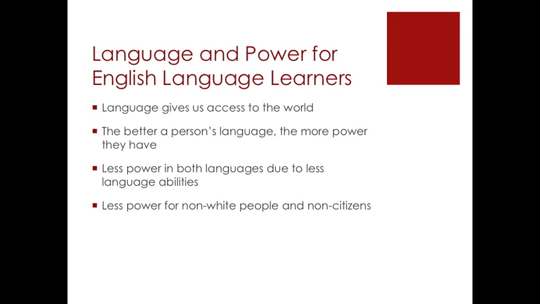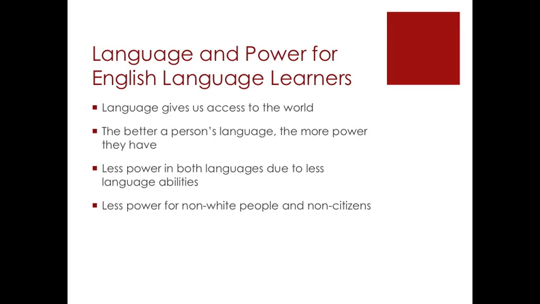Another problem that English language learners have is they have less power in both of their languages due to their language abilities. Certain students might not be completely fluent in their home language. They may not know the academic language in their home language, so that they couldn't really have a full conversation about evaporation, for example, with any person because they learned about evaporation in English while they were still trying to understand English, and they never learned about evaporation in their home language, which gives them less power to have these conversations with others.